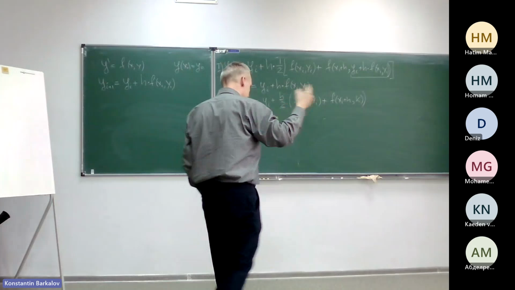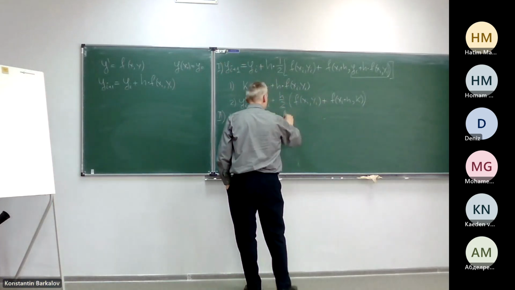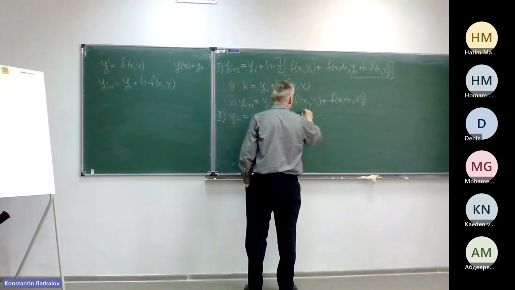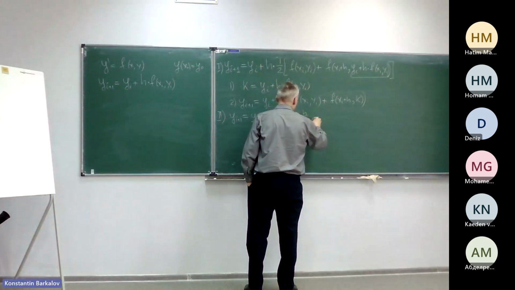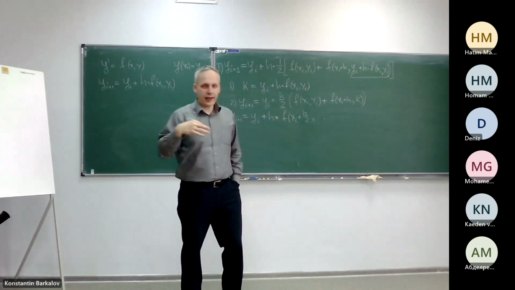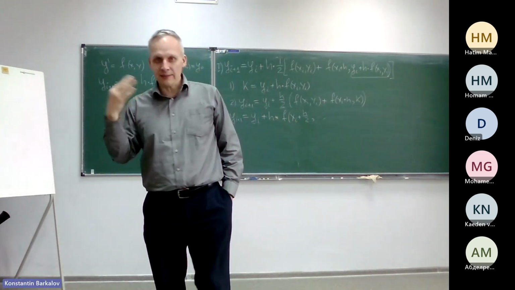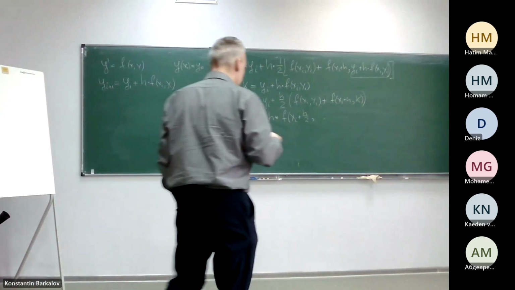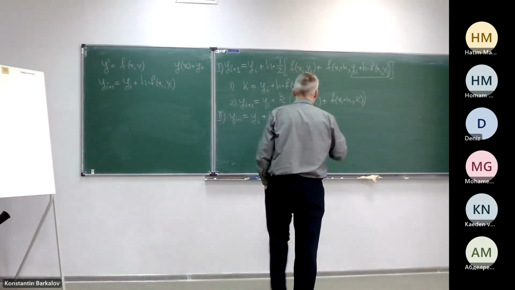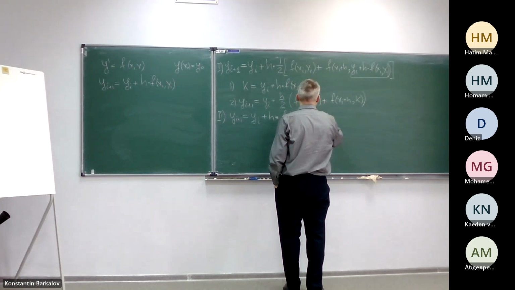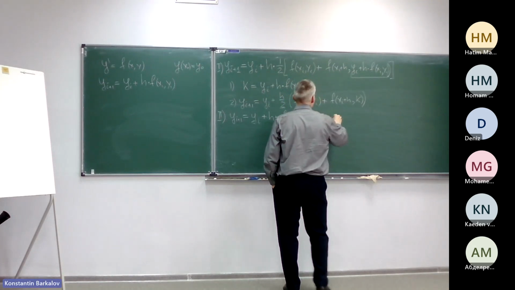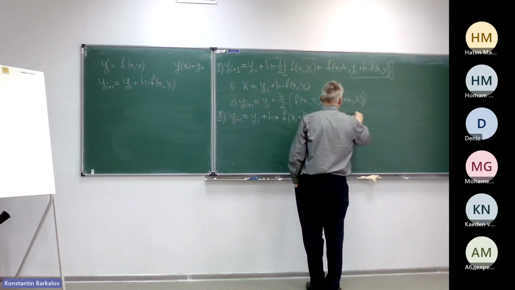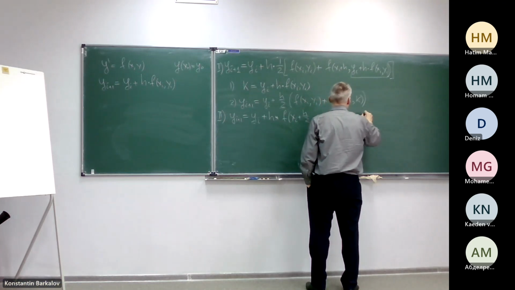The difference is further. f of x_i plus h/2, at the point x_i plus half of the step, y_i plus h/2 times f of x_i, y_i.